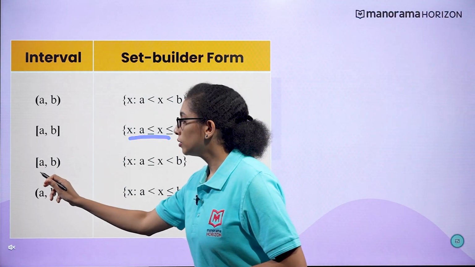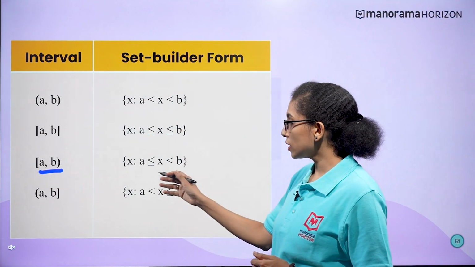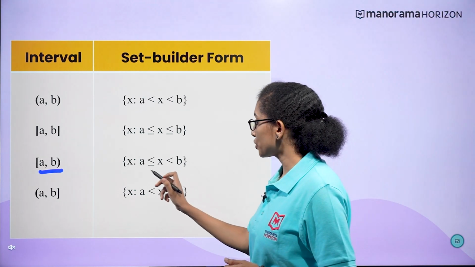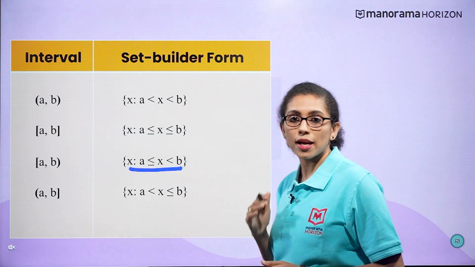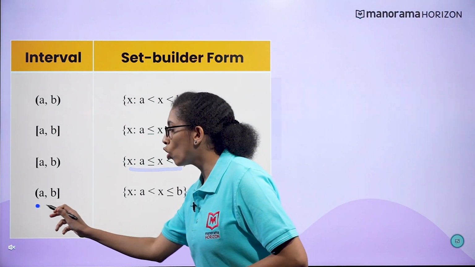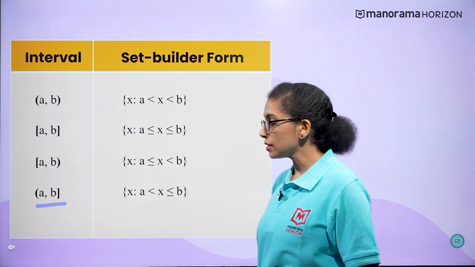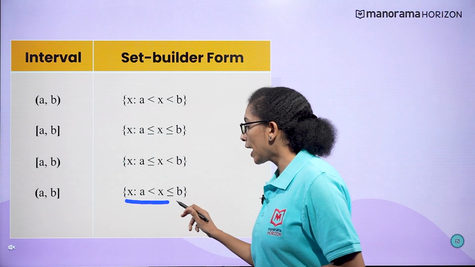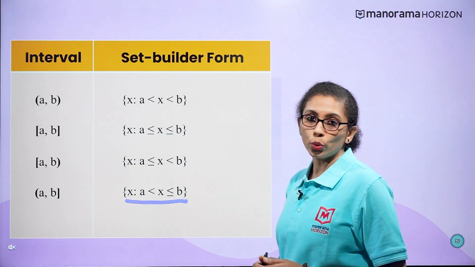Third one, closed-open interval. Its representation is {x such that A ≤ x < B}. And the last one is the open-closed interval. Its corresponding representation is {x such that A < x ≤ B}.